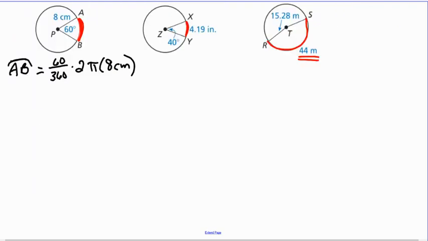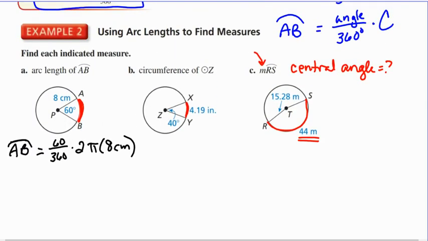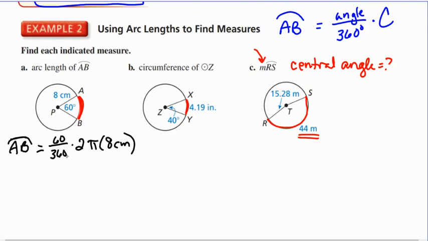Okay, so when I multiply this out, if I need an exact answer, I could reduce the fractions and all that good stuff, and I could find that the length of arc AB is 8 pi over 3 centimeters, because I'm aware of my units.